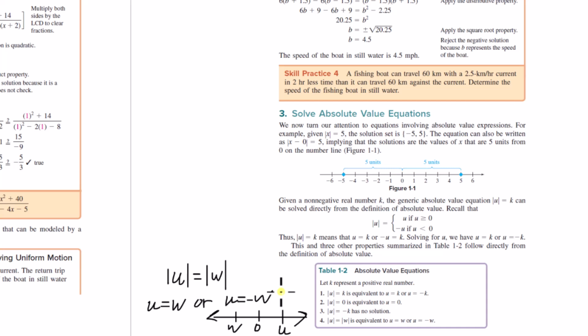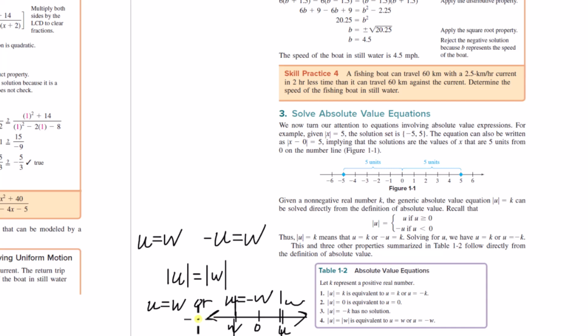Then, okay, let's start over here. If u is positive or 0 and w is positive, then you want to solve u is equal to w, okay? Now in this region, u is negative and w is positive or 0, so in that case we want to do minus u is equal to w.